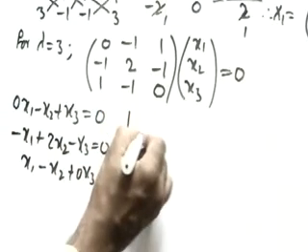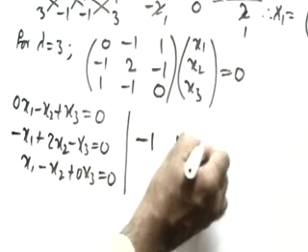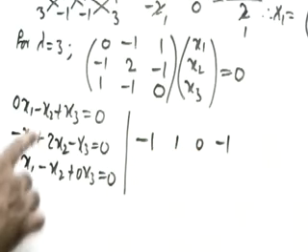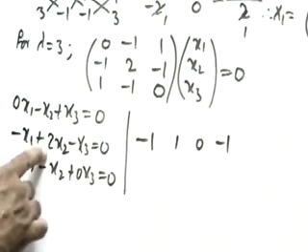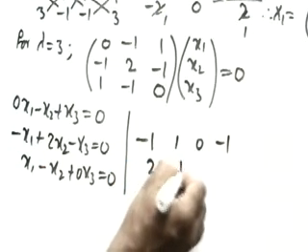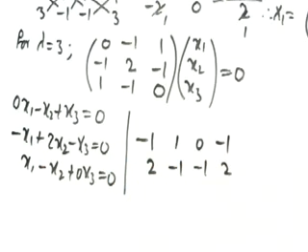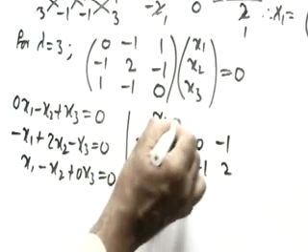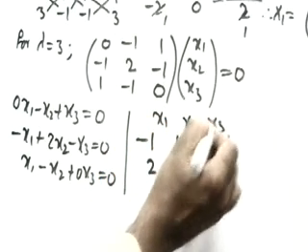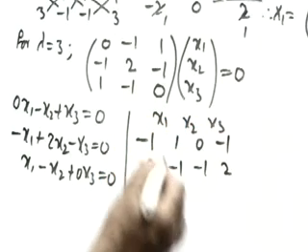Let me solve this one: minus 1, 1, 0, minus 1; minus 1, 1, 0, minus 1. Here 2, minus 1, minus 1, 2; 2, minus 1, minus 1, 2. Now take here x1, x2, x3.